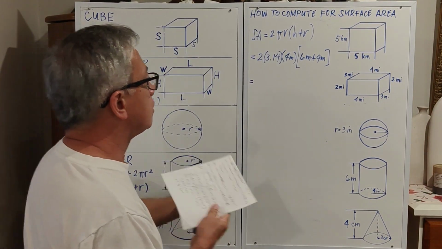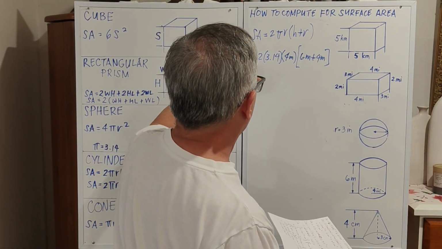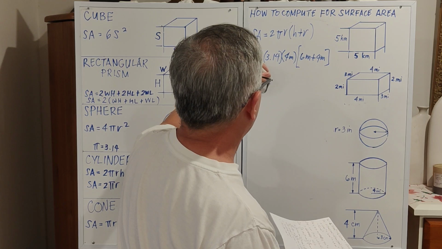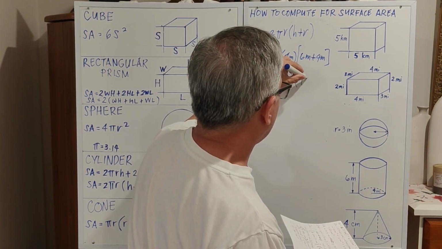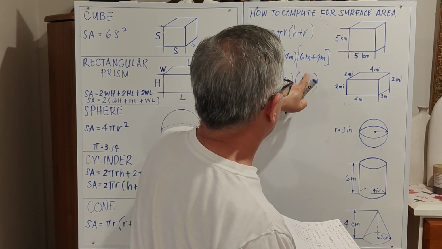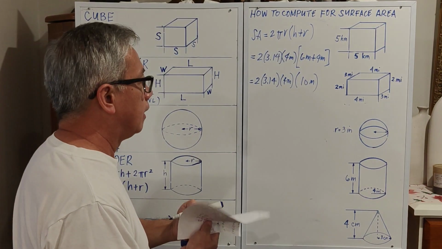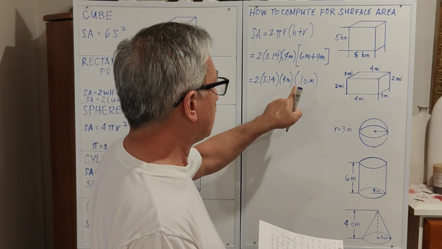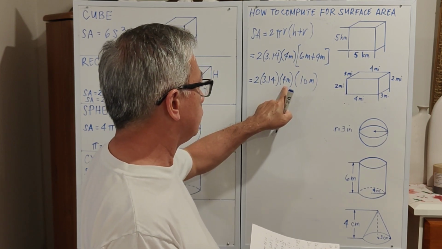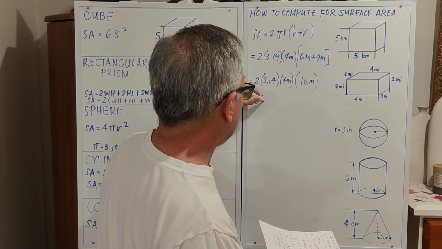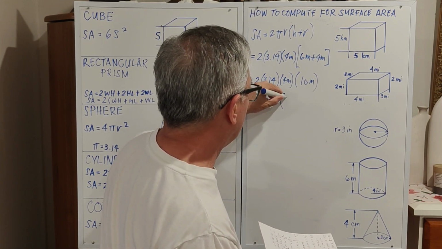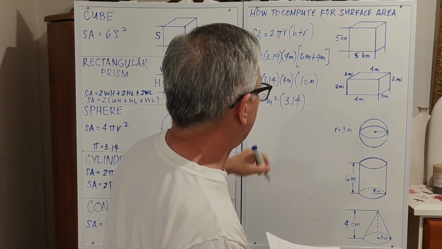So we combine this one. 2 times 3.14 times 4 meters times 10 meters. 10 meters times 4 meters is 40 meters squared, times 2 is 80 meters squared, times 3.14.